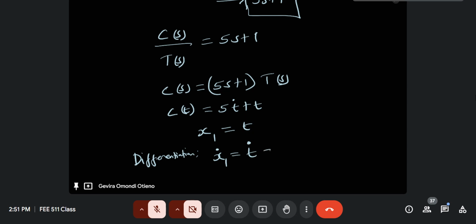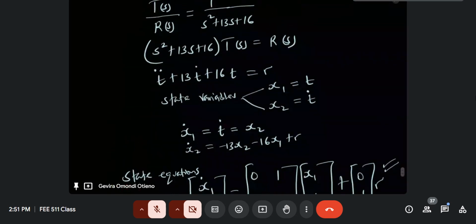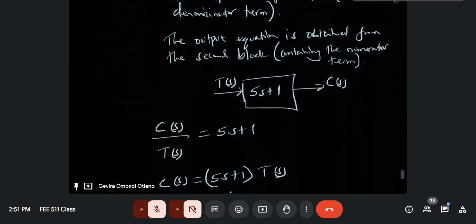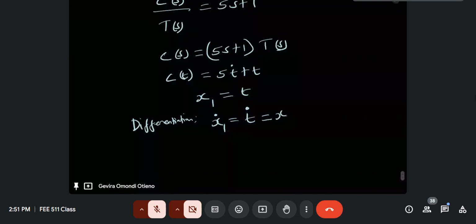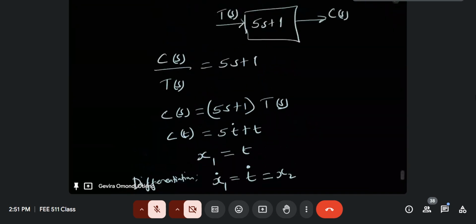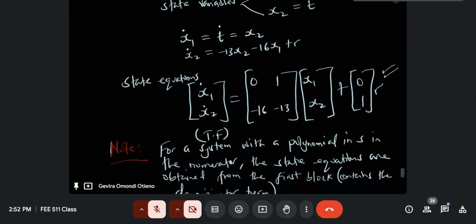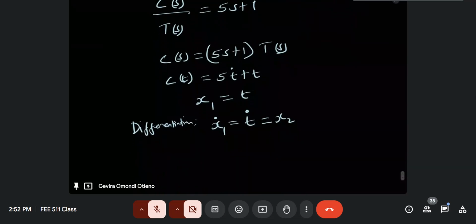If you differentiate x1, it's like differentiating t and you get x2. So you write x2 here. Notice we've obtained it from the equation we already had previously, that if you differentiate x1, you get the derivative of t, and that is the same as x2. So that's the same thing that I have done here.